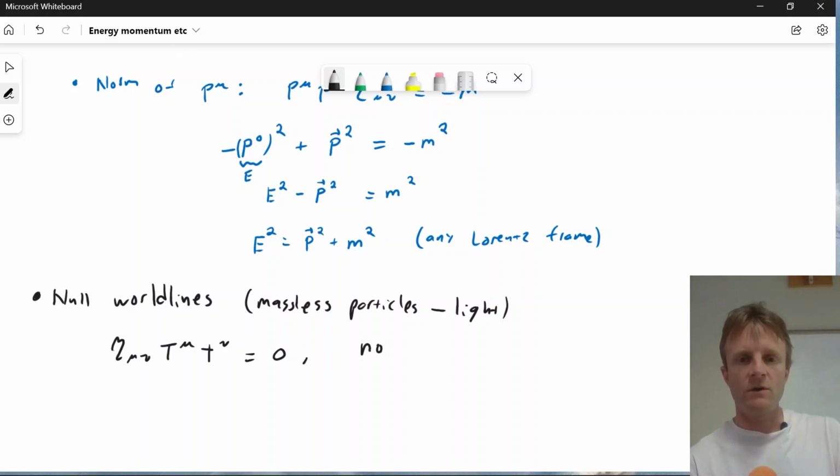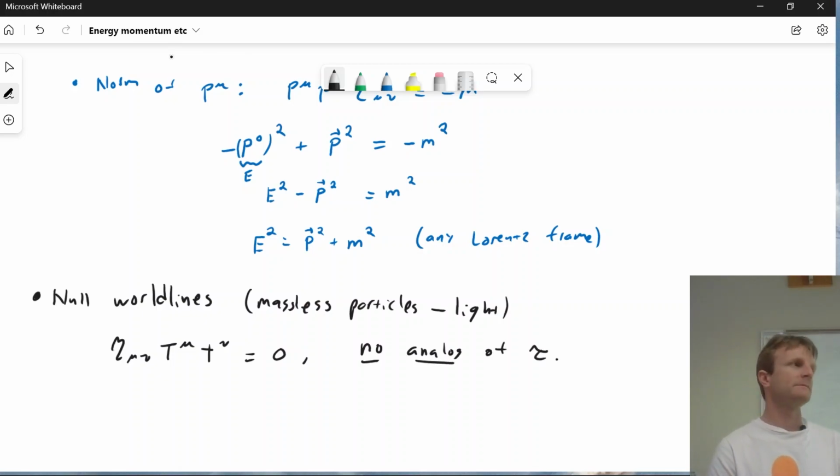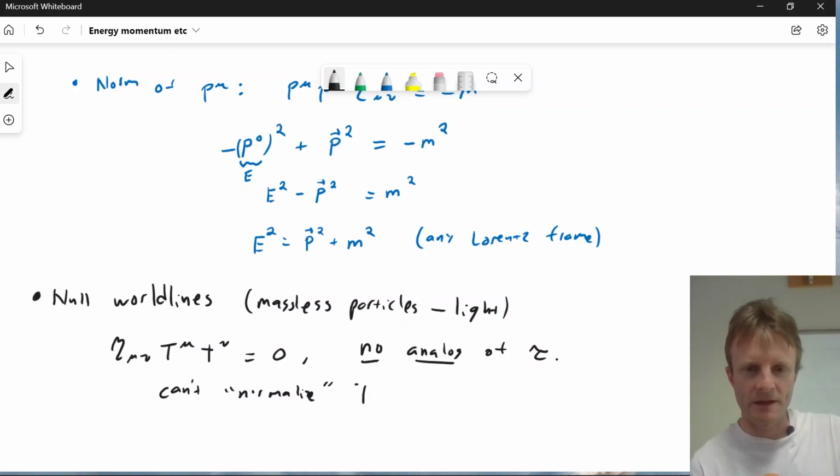But there's no analog of tau. There just isn't, okay? We can't normalize. You can't normalize t because it's 0.